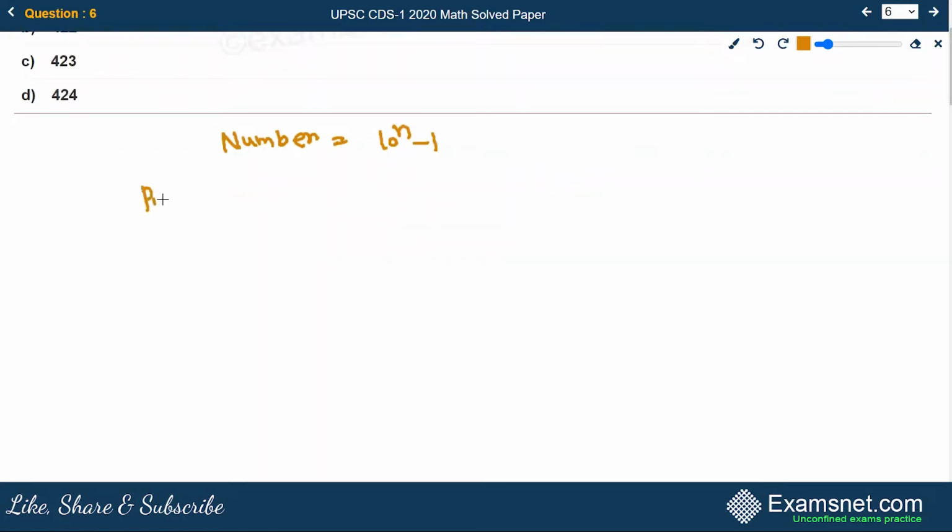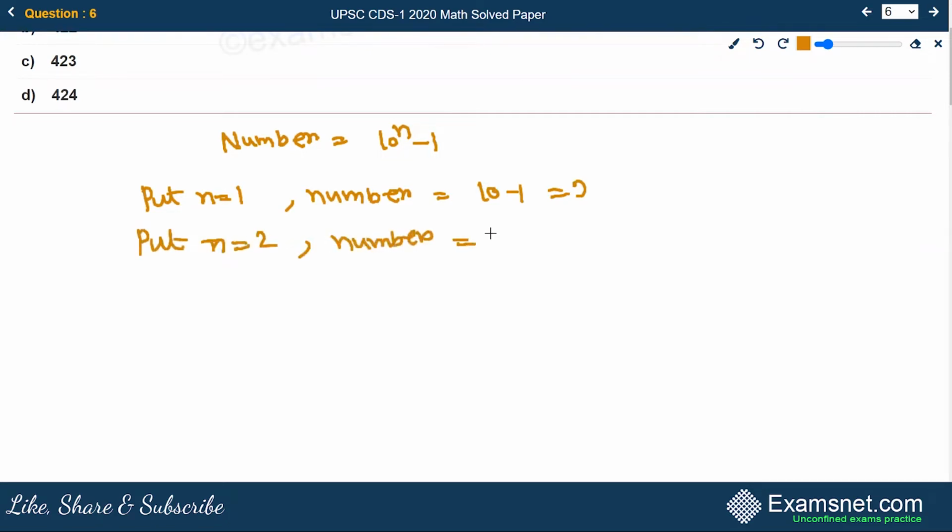Put n equals 1, the number will be 10 minus 1, that is 9. Next put n equals 2, the number will be 10 square minus 1, that is 99. Next put n equals 3, the number will be 10 cube minus 1, that is 999. Correct? So here we can see when n equals 3, there are 3 digits and all are equal to 9. When n equals 2, there are 2 digits, all equal to 9.